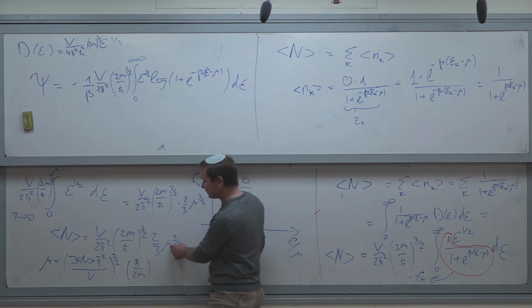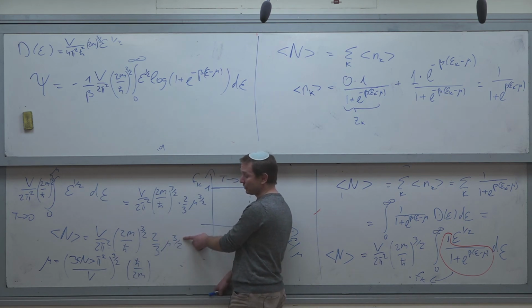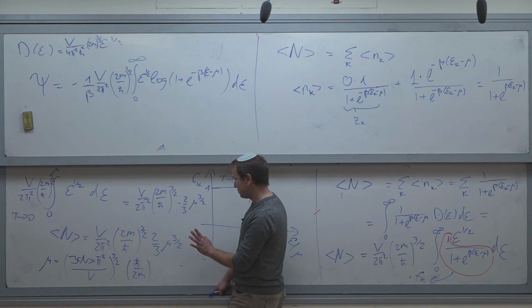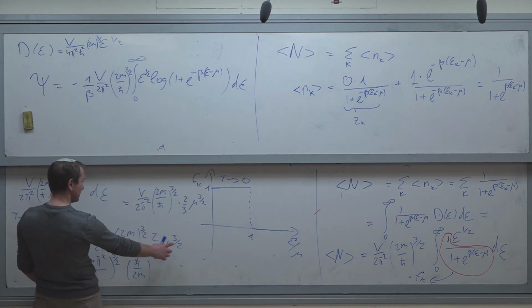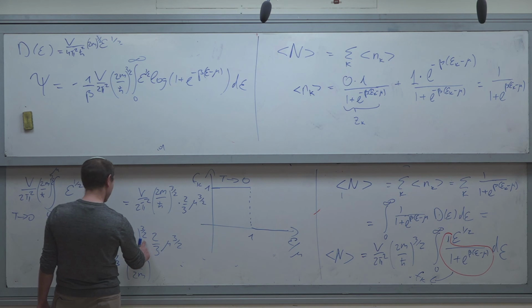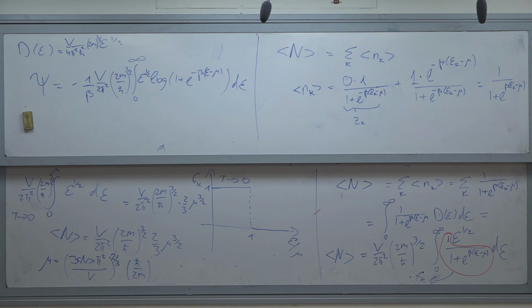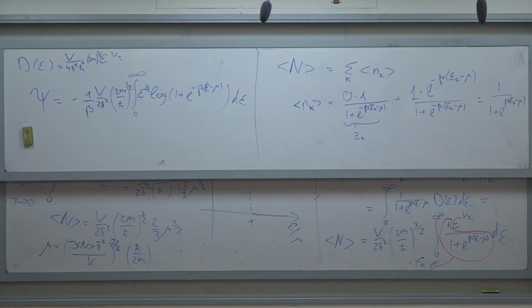I transferred everything to the left-hand side and took the 2/3 power of both sides. So μ was 3/2, so it's 2/3. I'm the silly one over here. This is fine. We are fine now with the numbers.